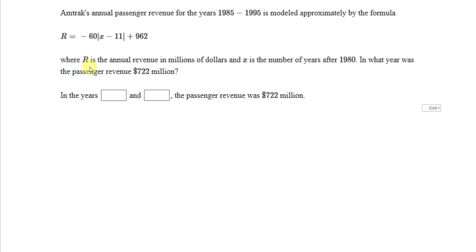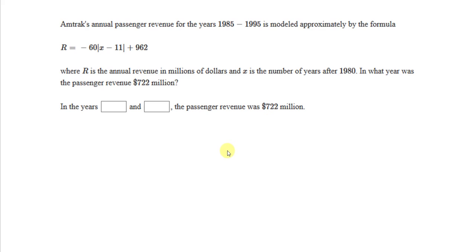Okay, I'm able to copy the problem to a Word document. Okay, this is the last problem from 1.6.